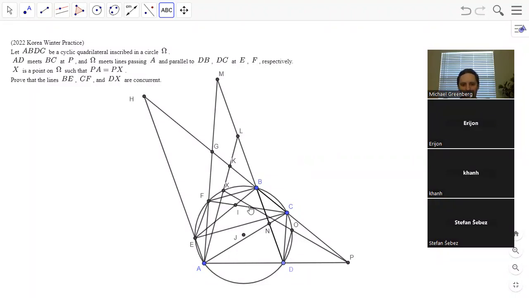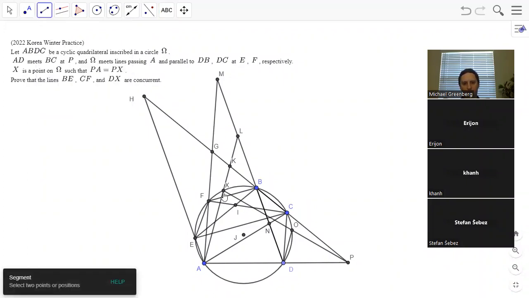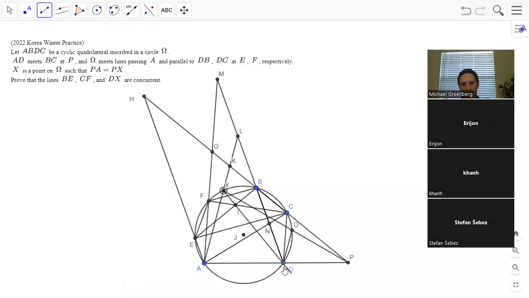Going back to my old way of thinking about it, I wanted to show that DE and CF cut DX in the same ratio.